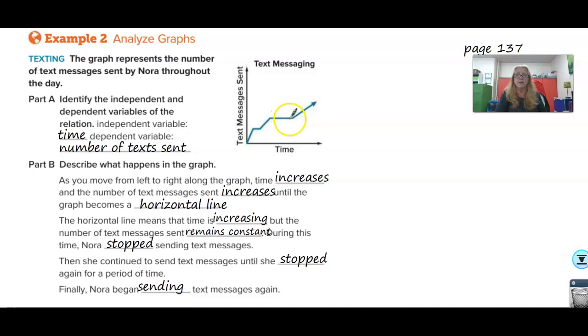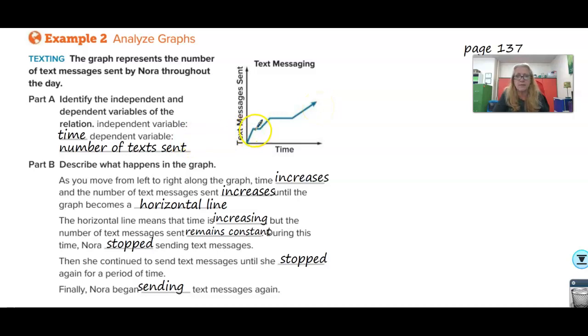During this time, Nora stopped sending text messages. Then she continued to send some text messages and then she stopped and she began sending messages again.